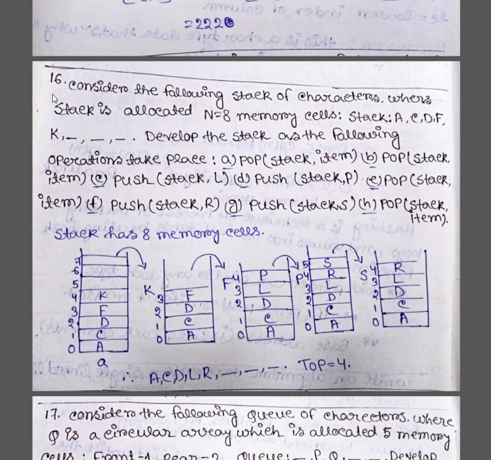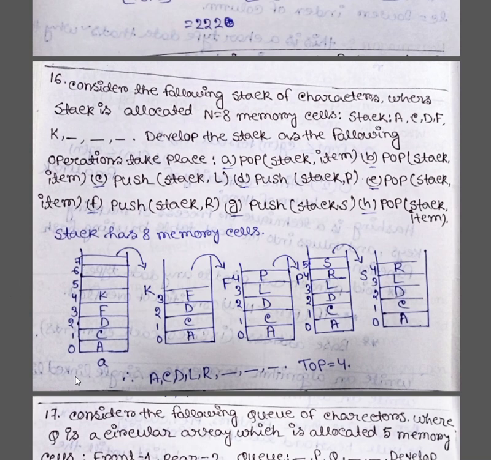The question is: consider the following stack of characters where the stack is allocated N equal to 8 memory cells. Stack: A, C, D, F, K, then three empty cells. The operations that take place are pop(stack, item).